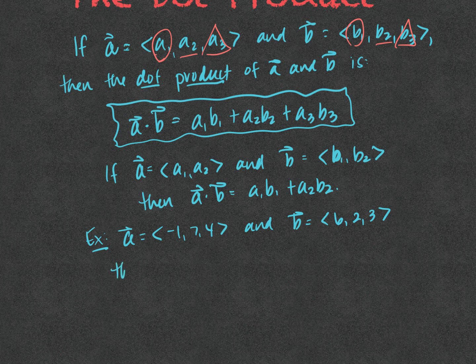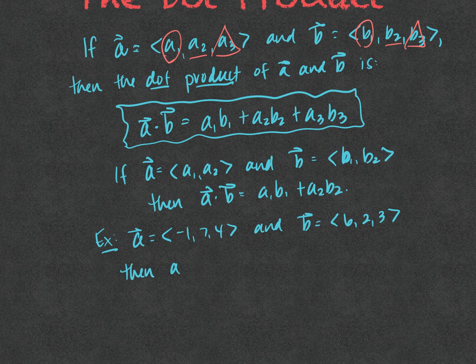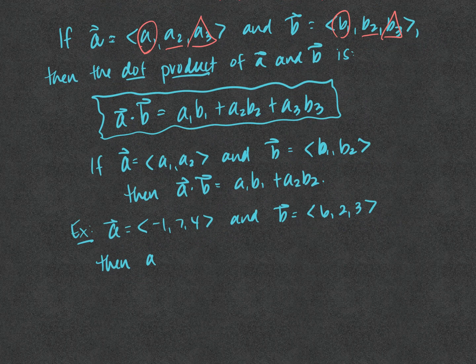Then vector A dot vector B equals, now you take -1 times 6, which is -6, plus 7 times 2 is 14, plus 4 times 3 is 12. So that gives us 20. As you can see, this is a scalar, and we'll be doing a lot with these scalars. They can tell us things about vectors.